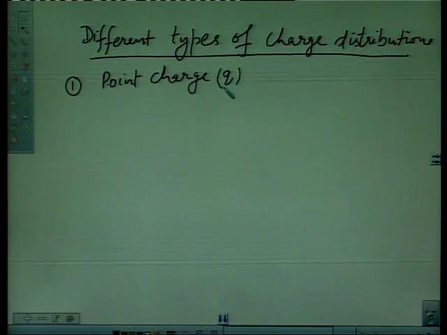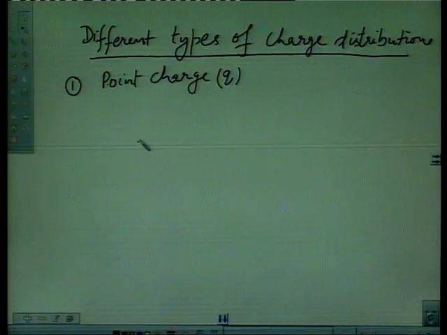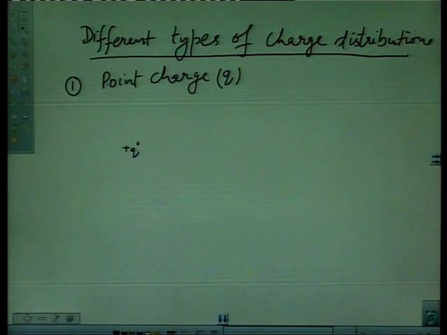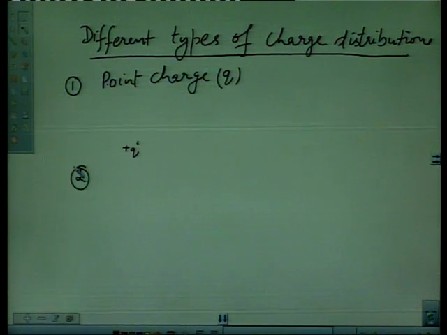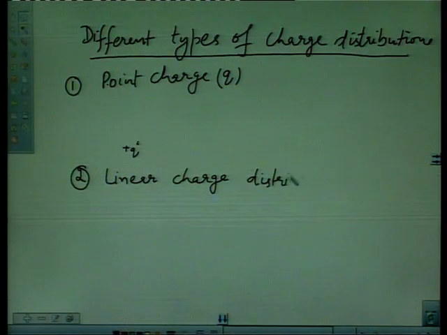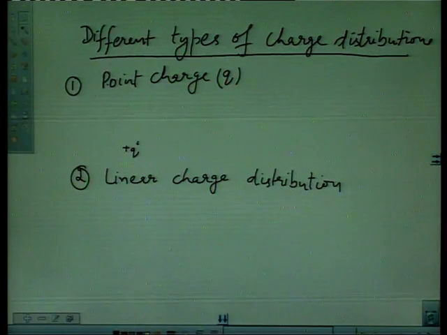A point charge Q can be defined as a positive charge Q, which is located at a single point and which has negligible dimensions. So, this is the definition of a point charge. The second type of charge is linear charge distribution. We can distribute the charge Q in many ways. First is point charge, second one is linear charge distribution.